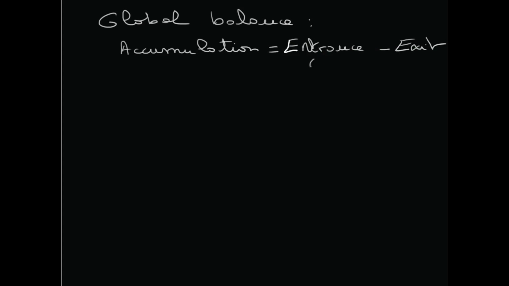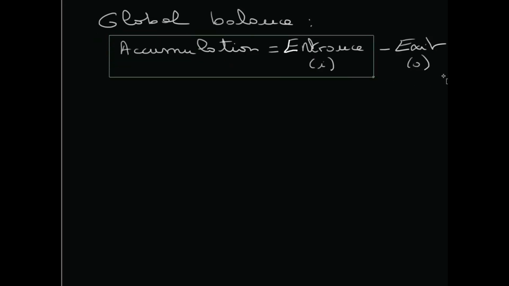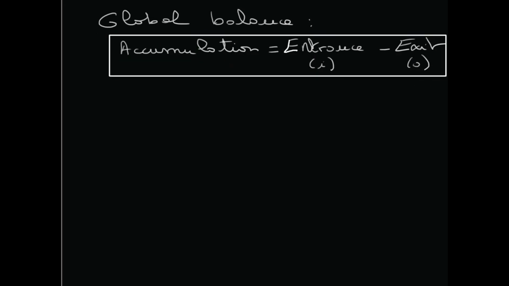This is the sentence we will use all the time to make a global balance. We will use the index I for in, entrance, and O for out, exit. Let's see how we will do a mass global balance.